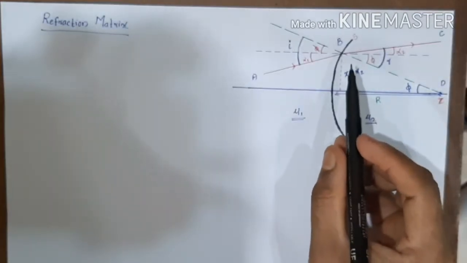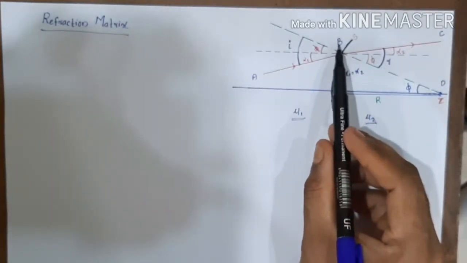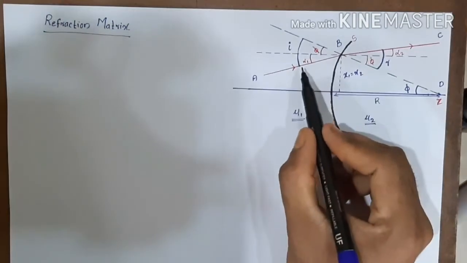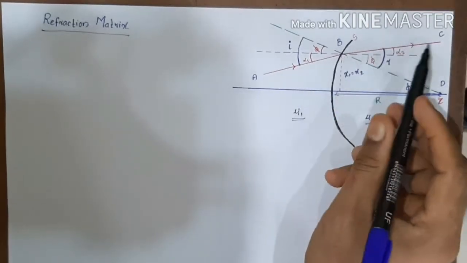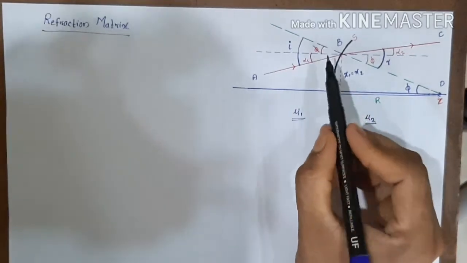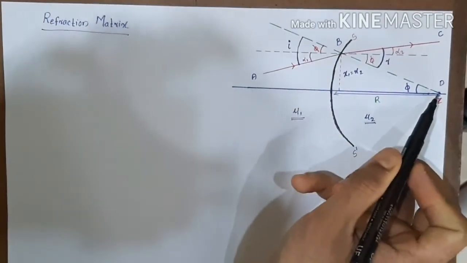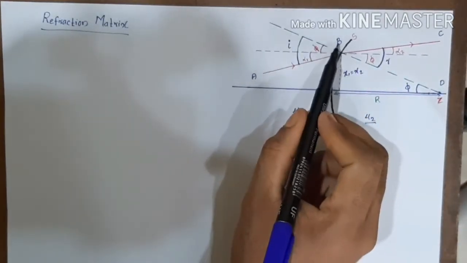Here the process of refraction is taking place at point B. AB and BC are the light rays, and this green line represents the normal at point B.